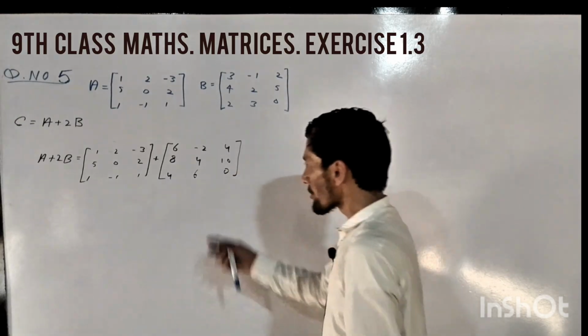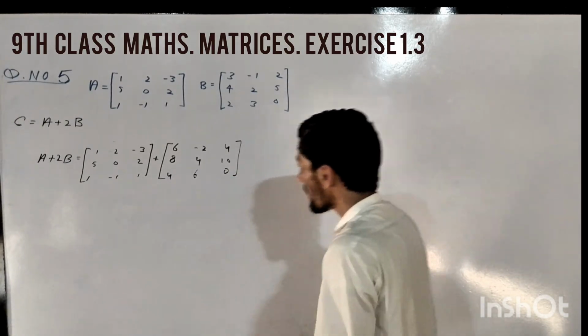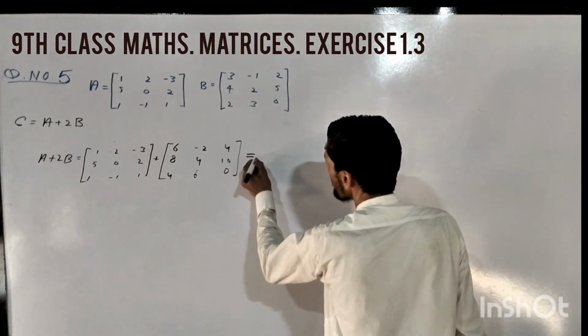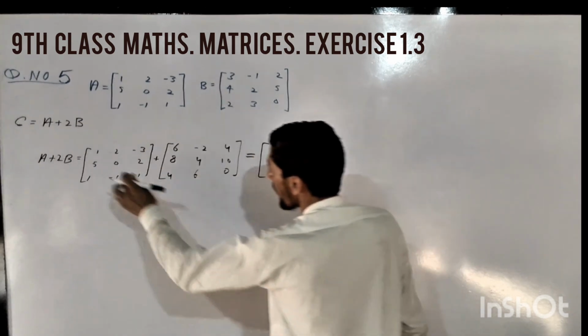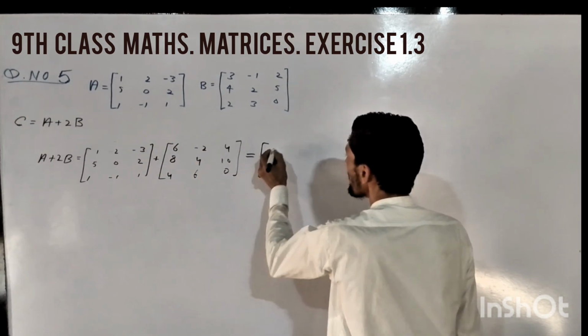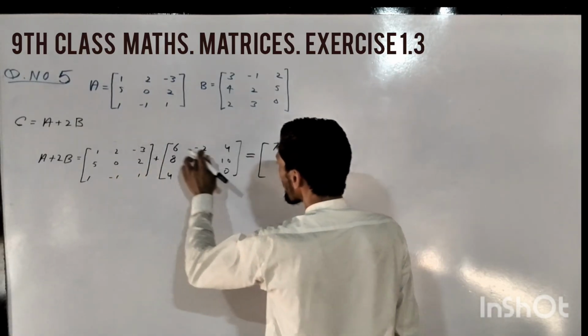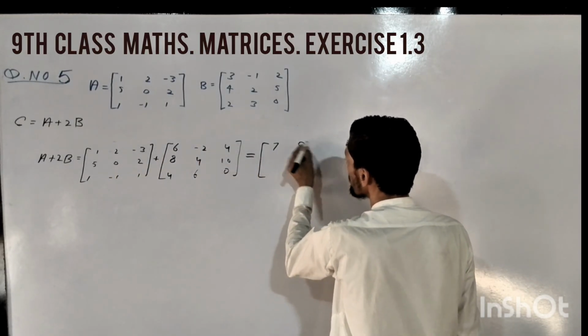Right here. So add matrix A and 2B. The result of the matrix will be C. 1 plus 6 is equal to 7. 2 plus minus 2 will be equal to 0.